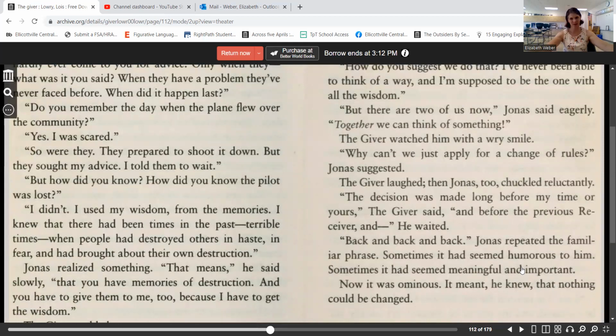And he waited. Back and back and back. Jonas repeated the familiar phrase. Sometimes it had seemed humorous to him. Sometimes it had seemed meaningful and important. Now it was ominous. It meant he knew that nothing could be changed.